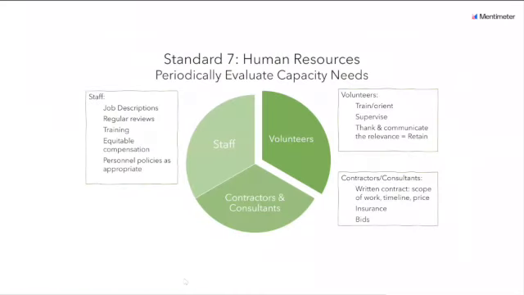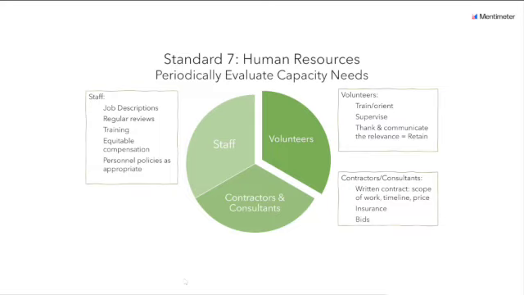And then finally, Standard 7 is all about personnel capacity, which could include boards if they're all volunteer organizations, and the need to make sure that the organization has what it needs to do its work, whether through use of staff, contractors, or volunteers.